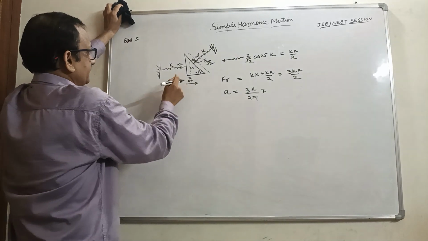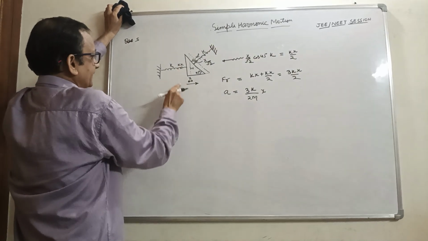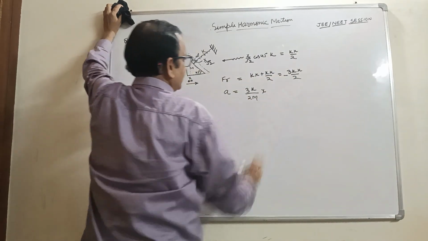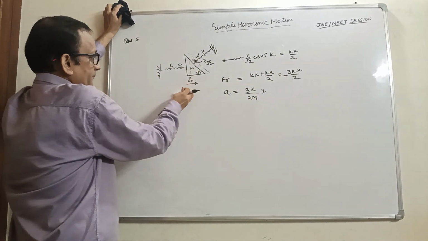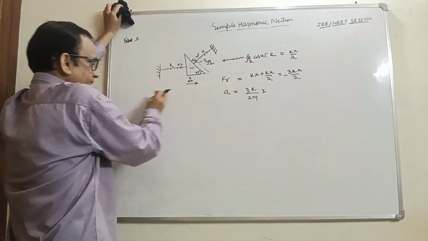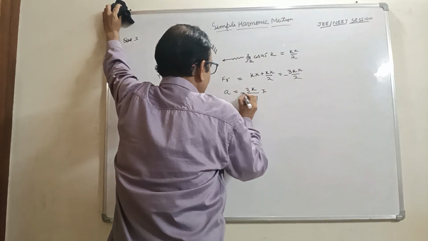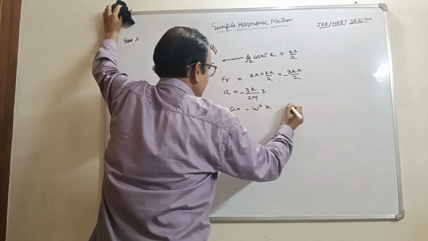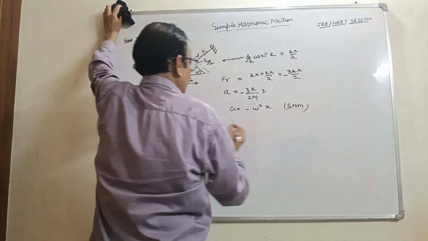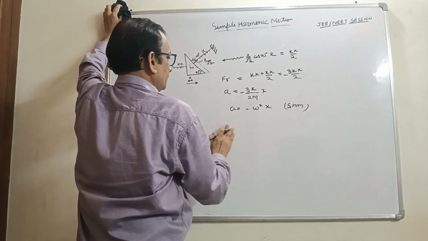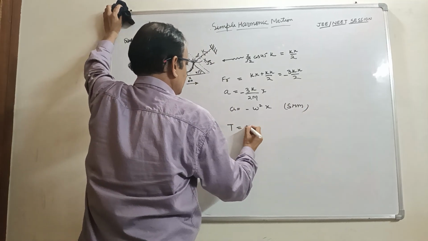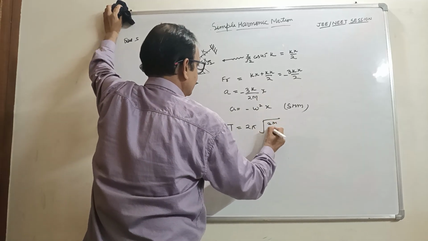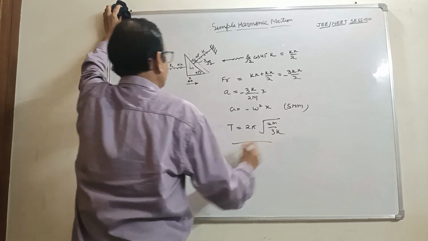Because the force is acting in this direction and displacement is acting in this direction, we take a negative sign here. This would be the omega square x. This is the equation of SHM, and we write here the frequency and time period. This would be 2 pi under root 2m by 3k. This is the time period.